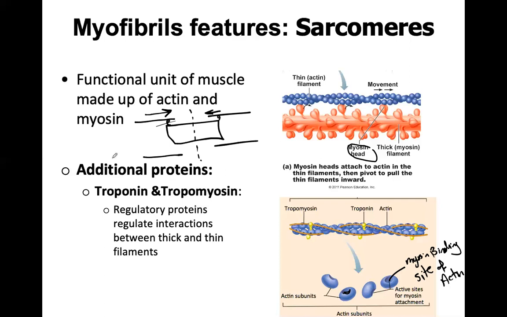So when your muscle is relaxed, the overlap between your actin and myosin is present, but it's not as much. When your muscle is contracting, the interaction between the myosin binding site of your actin and the myosin heads of your myosin causes the actin to move into your myosin, increase the overlap, and causes the whole sarcomere to shorten.